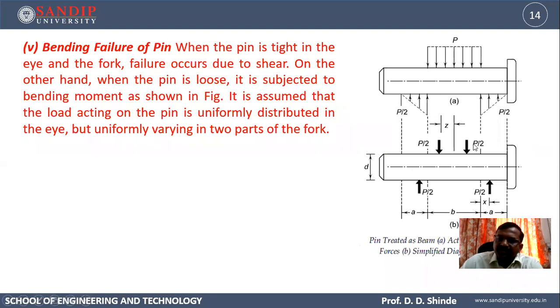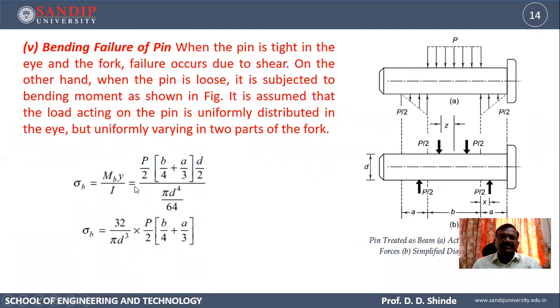And then if you resolve these forces and draw the free body diagram, see B is the width of the eye, A is the width of the fork at both the ends. So this is the total length twice A plus B, where the entire load is coming.